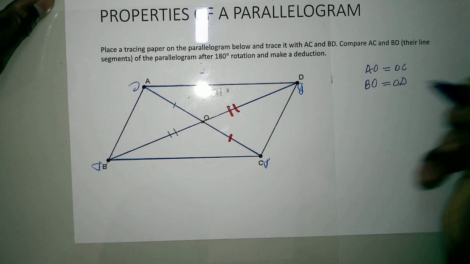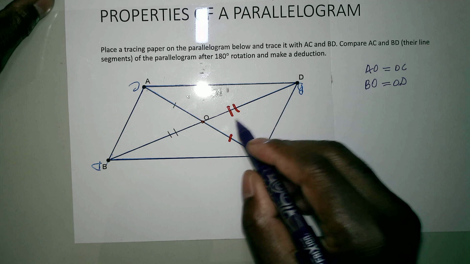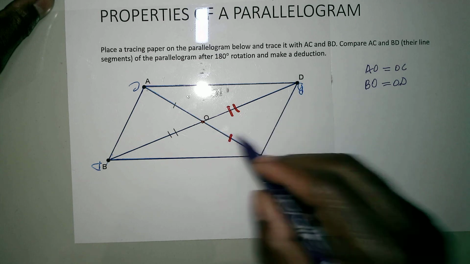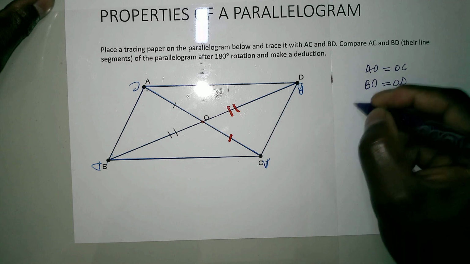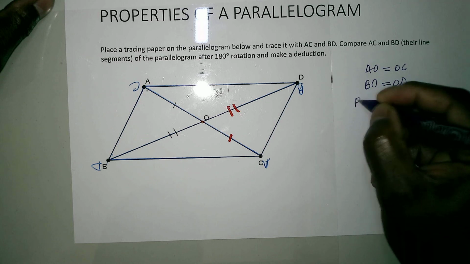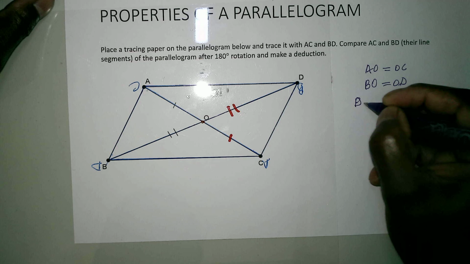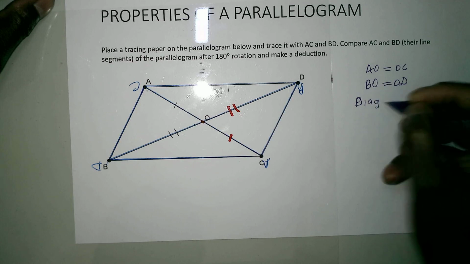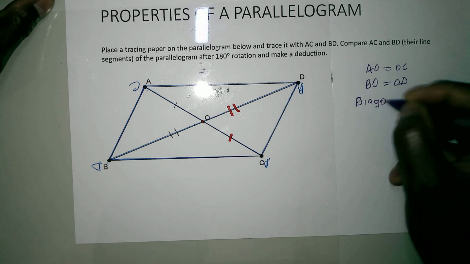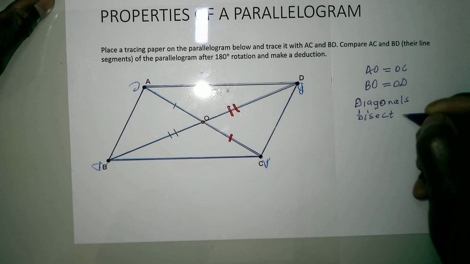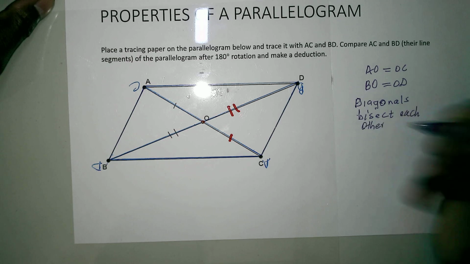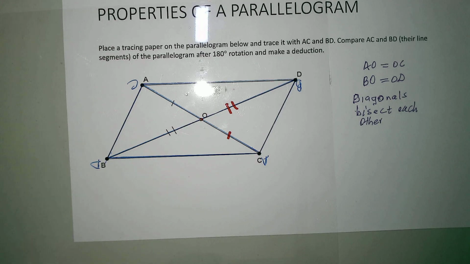One diagonal bisects the other. If we are to come to issues of congruency, you can say this triangle is congruent to this, because this side is equal to that side and that side is equal to this side, and we have an included angle because of vertically opposite angles. The same applies to this, and they are congruent triangles.